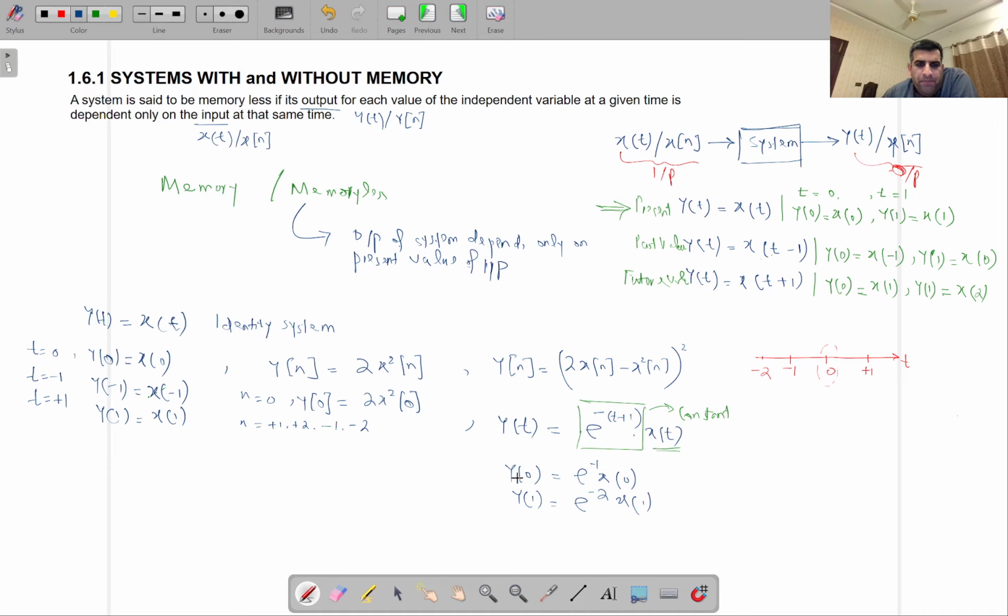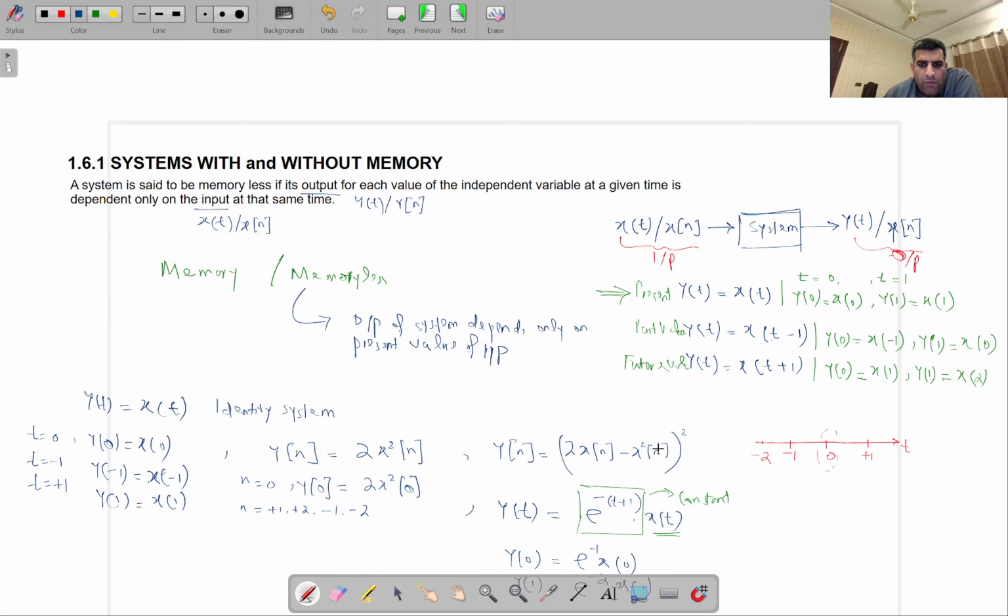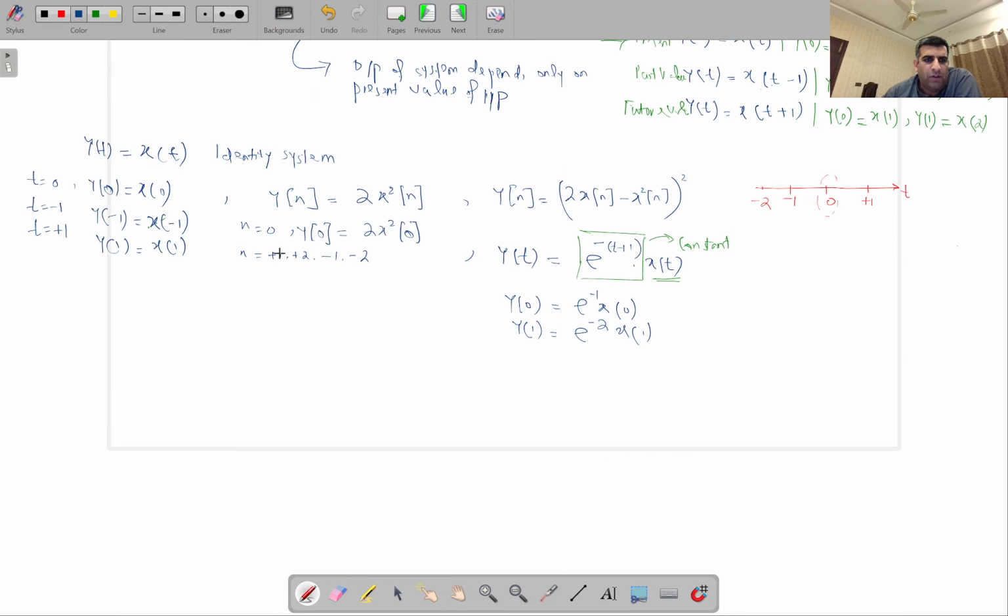So the output is dependent upon the input at the same value of time, 0, 0, 1, and 1. You could try a few other values as well if you want. So again, this is another example of a memoryless system. So far, we have seen examples of memoryless systems, right? All these examples are of memoryless systems.